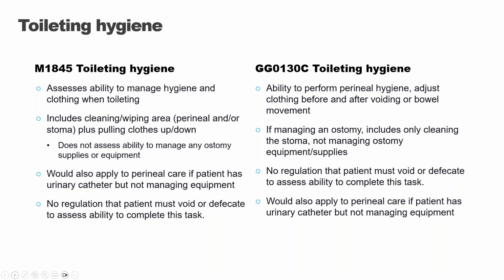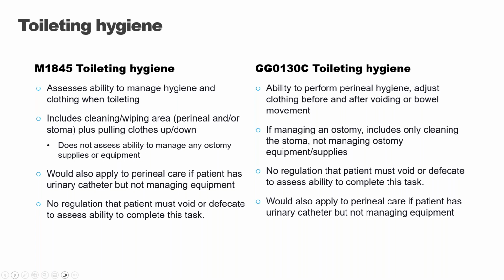Obviously, that's going to be, again, looking at what is happening, as well as any assessments within that 5-day window and collaboration. So as far as GG0130C, toileting hygiene, it's the ability to perform perineal hygiene, adjust clothing before and after voiding or bowel movement.